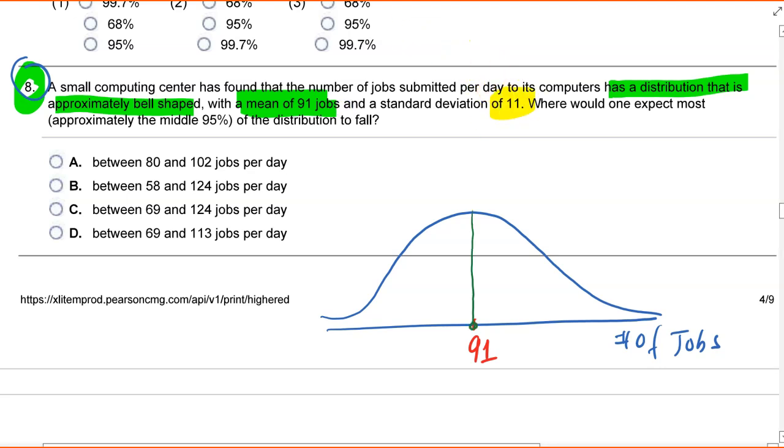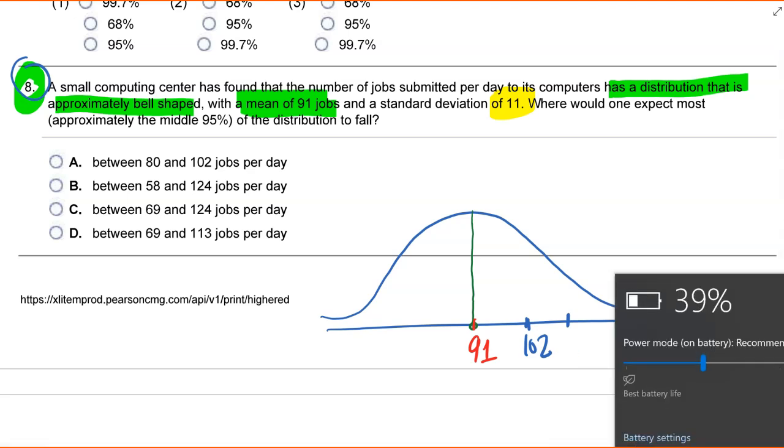Alright, if you add the standard deviation 11 to the mean, you get 91 plus 11, which is going to be 102. 102 is going to be here, and this is one standard deviation above the mean. If you add 11 again, you get 113.